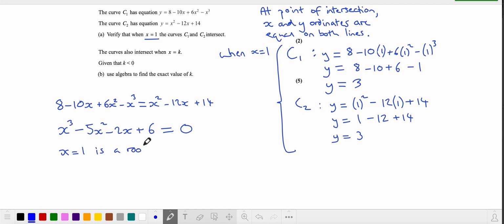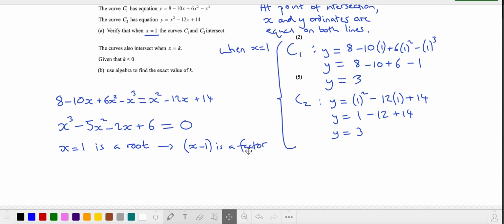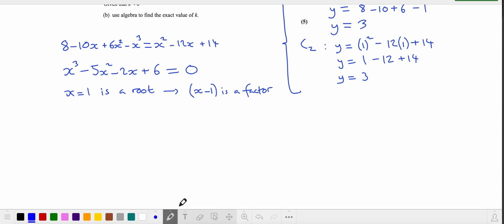Factor theorem. If x equals 1 is a root, x minus 1 is a factor. So once we know that x minus 1 is a factor, my preferred way is to get the long division out.